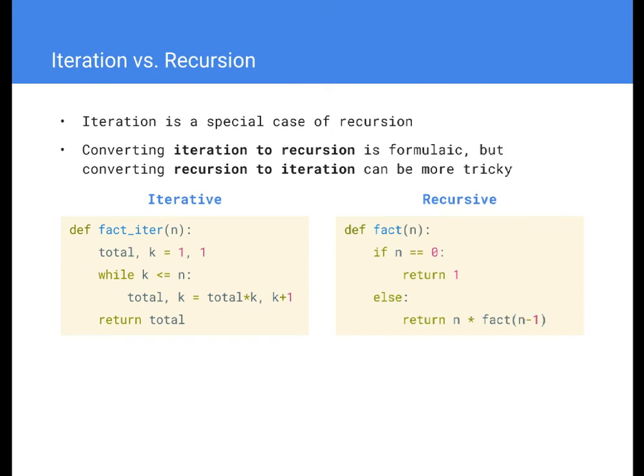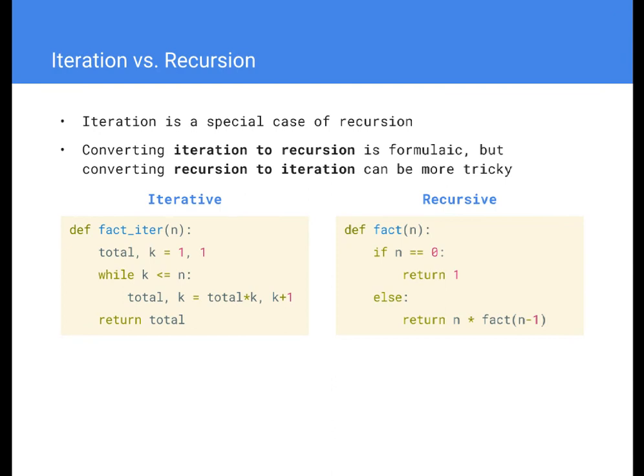Then factorial of 1 returns back to factorial of 2 and says 2 times 1. Then factorial of 3, 3 times 2 times 1, and we're starting to see that same sequence form again. Except whereas iteration did it from the beginning, 1 times 2 times 3, factorial has to go down the stack and make all those calls. And when it's finishing each call, that's when it performs the multiplication.